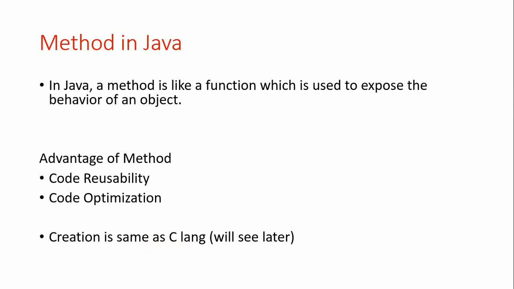So how to define a return type, method name, parameters list. In the parameters or argument list, we have a data type with a variable name, so a list of arguments. The same concept is applicable here, but the syntax may change.